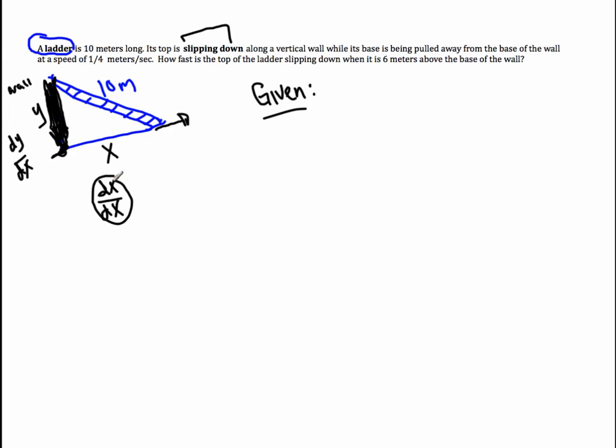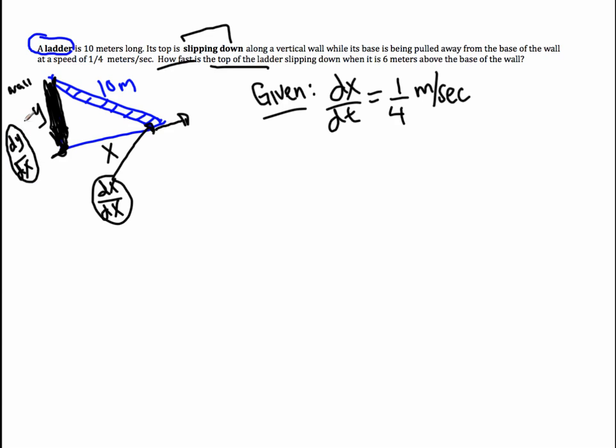So dx/dt, the rate in which I'm pulling the bottom of the ladder, is 1/4 meters per second. How fast is the top of the ladder sliding down when it is 6 meters above the base of the wall? So this is what I picture.